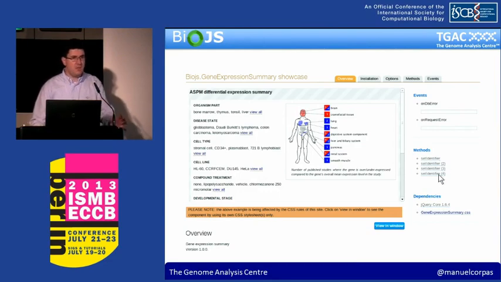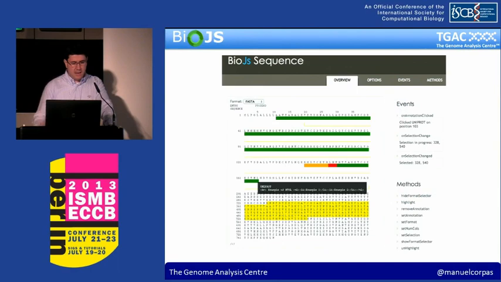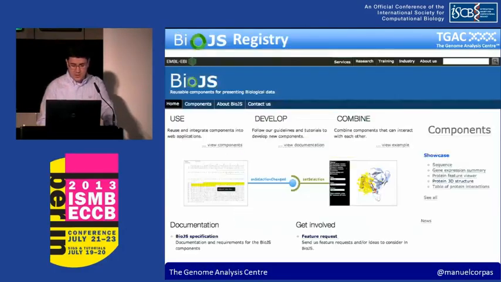The whole purpose of this, again, is reutilization, so that we don't reinvent the wheel. Another example is the BioJS sequence. Here you have an alignment and a sequence. By highlighting one particular part of the alignment, you can see where it is located in the sequence.